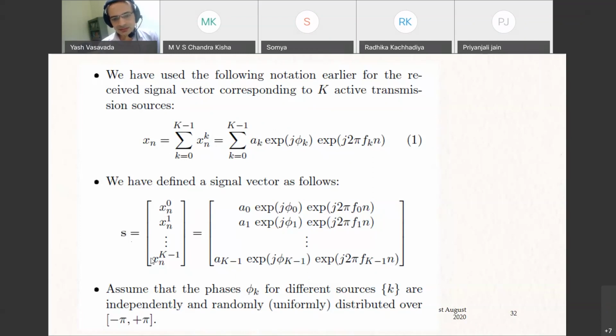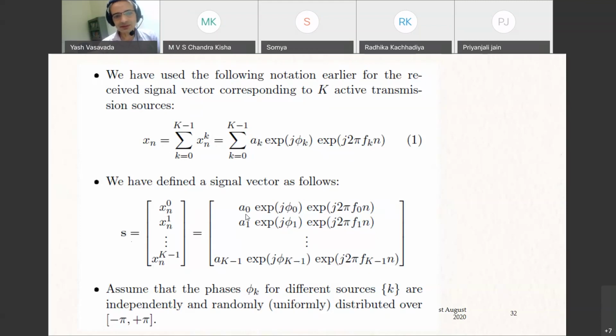Now remember, the purpose today is to evaluate the structure of the correlation matrix. And whenever we talk about a correlation matrix, the underlying assumption is that these variables are random, they are statistical. So for the time being, let us just assume, and this is the primary assumption that we will need to make at this time, that only these phases are random.